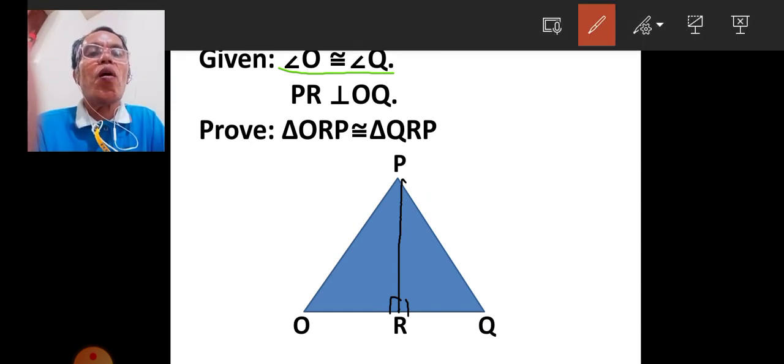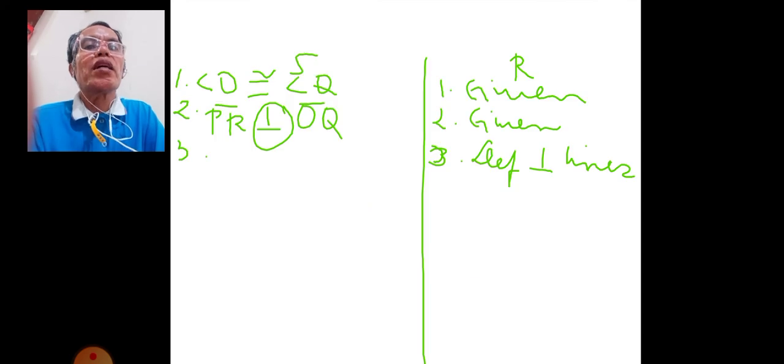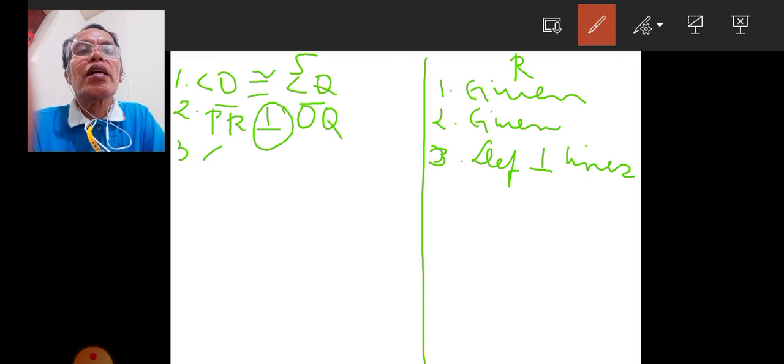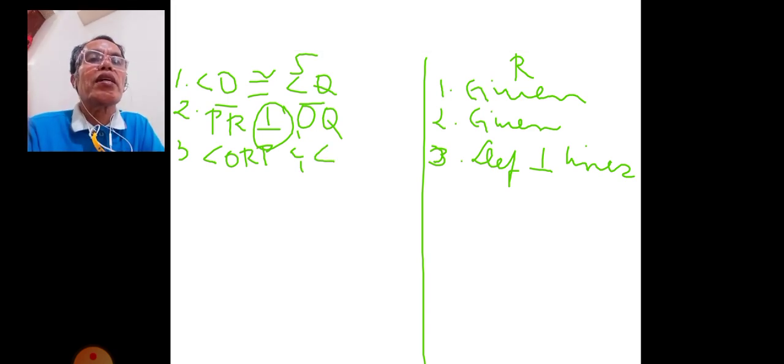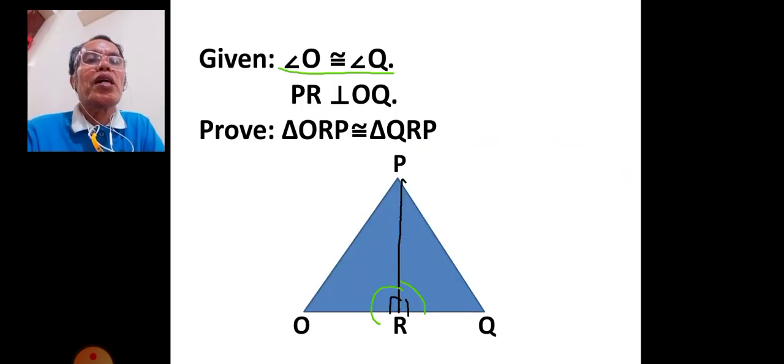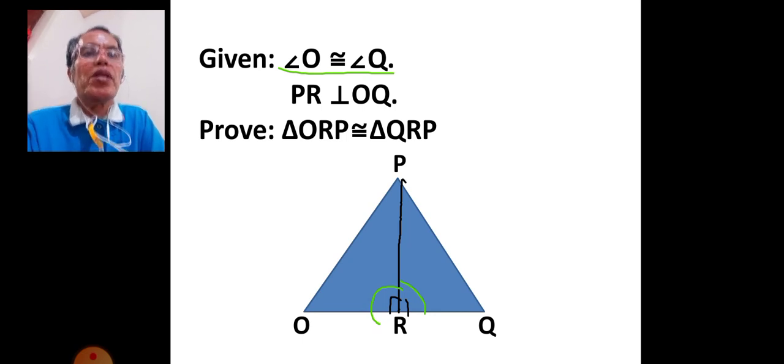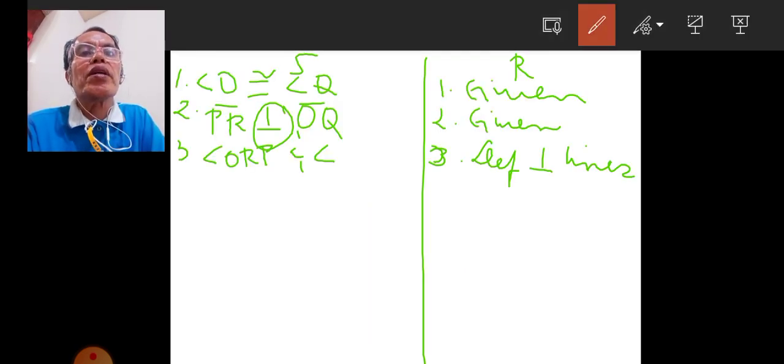So what are those angles? That is angle ORP and angle QRP. So angle ORP and angle QRP are right angles.